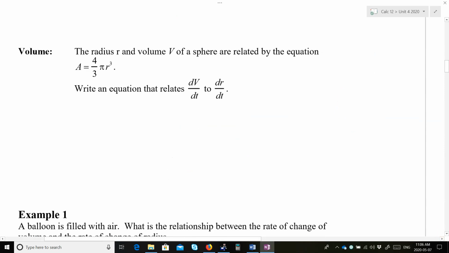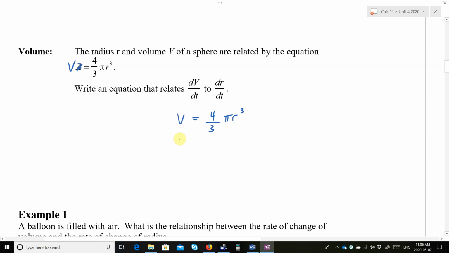Alright, how about volume? The radius r and volume V of a sphere are related by the equation, that should be V equals 4/3 pi r cubed. Write an equation that relates dV dt to dr dt. So we've got V equals 4/3 pi r cubed. The V is kind of like just an x sitting there, right?